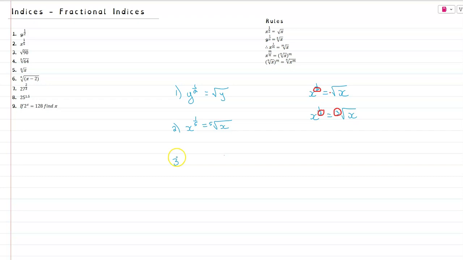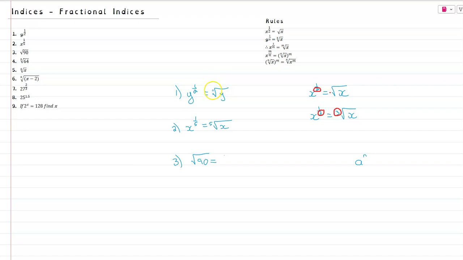Okay, so question number 3. Question number 3 states that we need to write this in index form, sorry. So we need to write the root of 90 into index form. Remember, index form is when we have a to the power of n. That is what index form looks like. That's what we need to write with this.